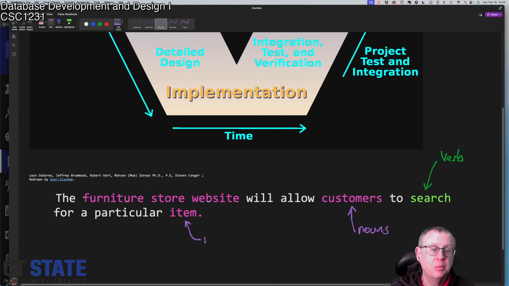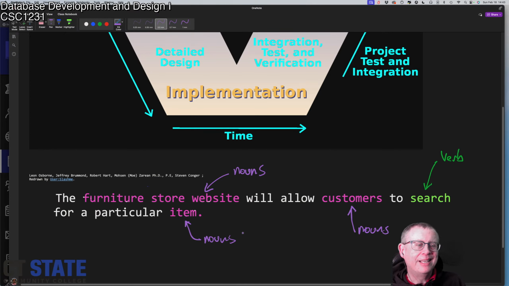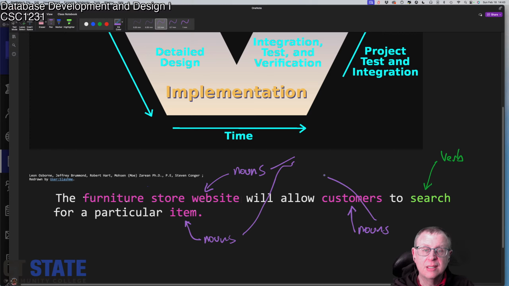And they're going to be either an entity or a table, or sometimes nouns or attributes. So these nouns will probably end up being entities. In this particular instance, they're probably all entities of some sort.